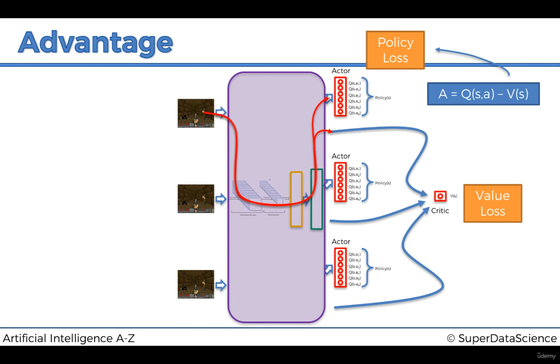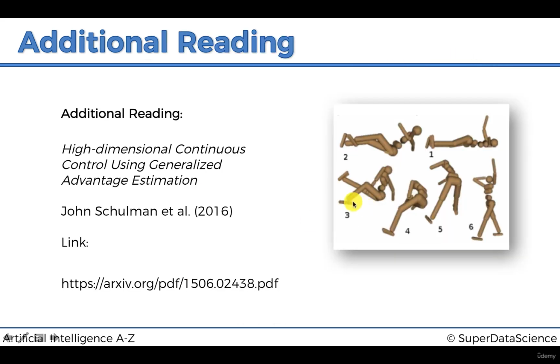And in terms of additional reading for today, we've got two elements. The first one is on the advantage: High-Dimensional Continuous Control Using Generalized Advantage Estimation by John Schulman. This is an image of a stick figure standing up.